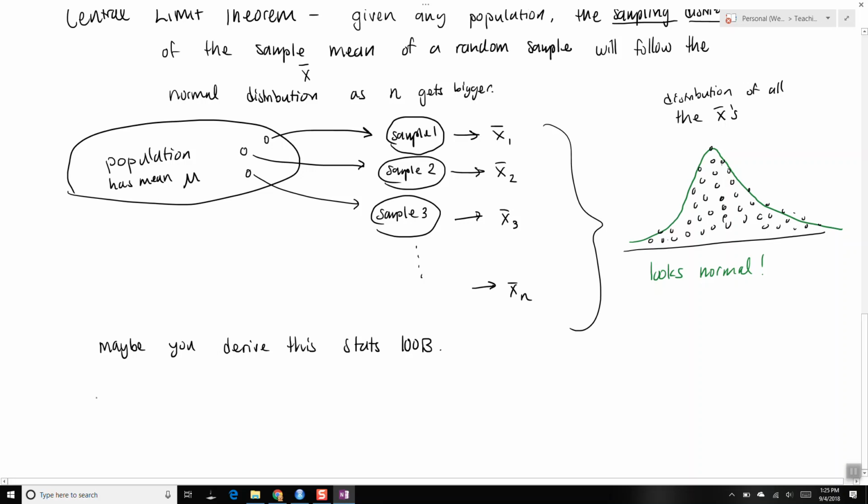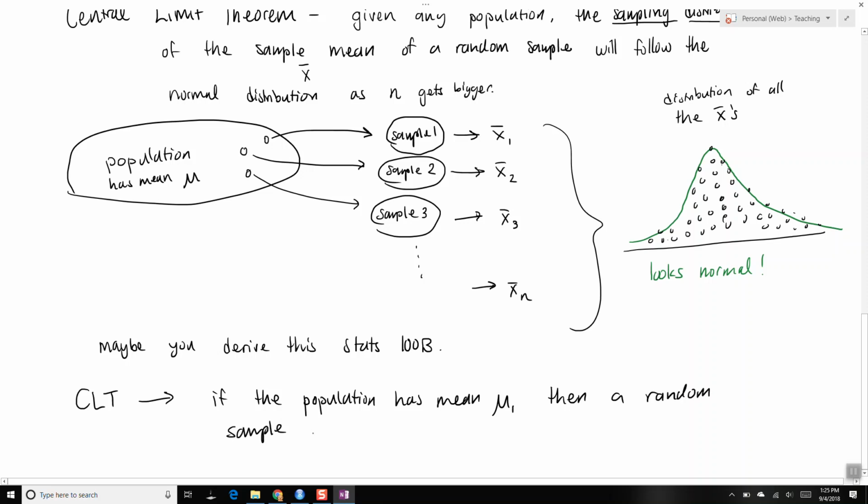So basically the central limit theorem in summary says, if the population has mean mu, then a random sample from the population will have mean x bar, which comes from a normal distribution centered at mu.